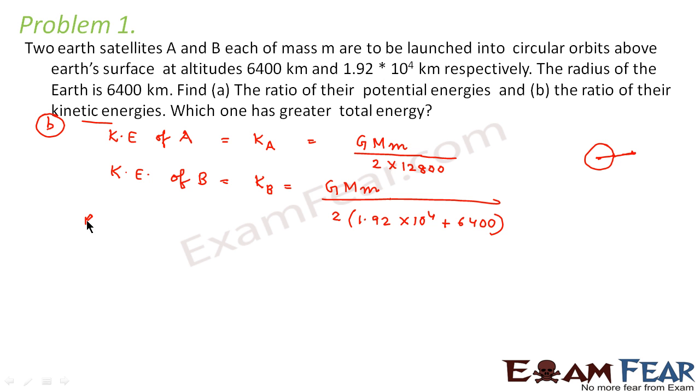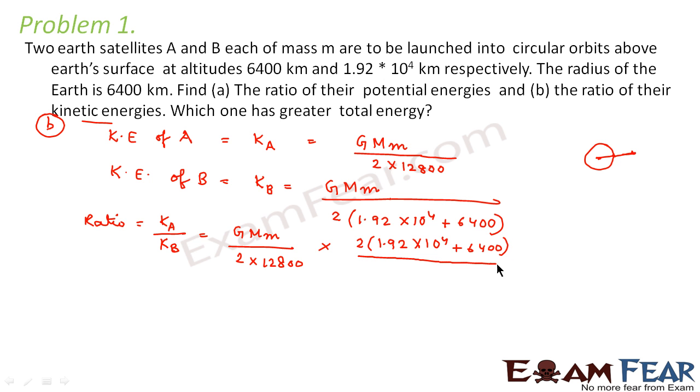Fine, now let us calculate the ratio. So the ratio would be KA by KB. Now if you divide this by this, you would get G capital M into small m divided by 2 into 12800, into 2 into 1.92 into 10 to the power 4 plus 6400 divided by G into capital M into small m.